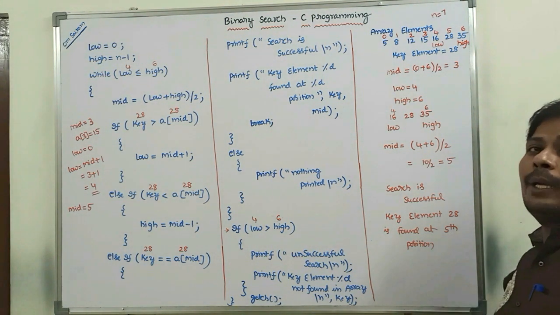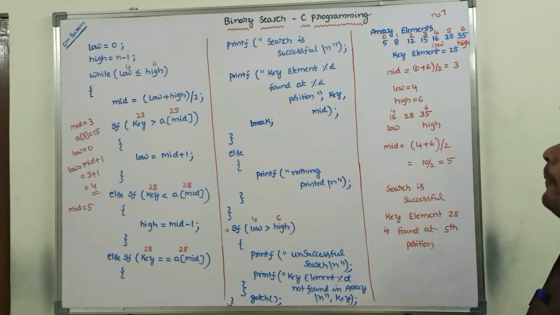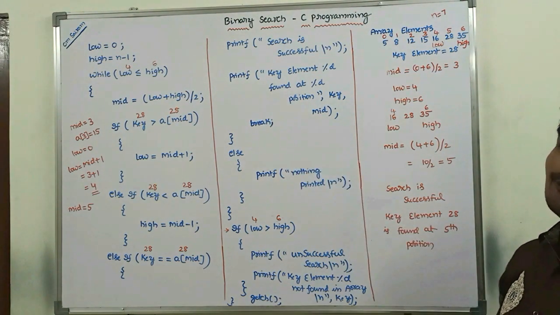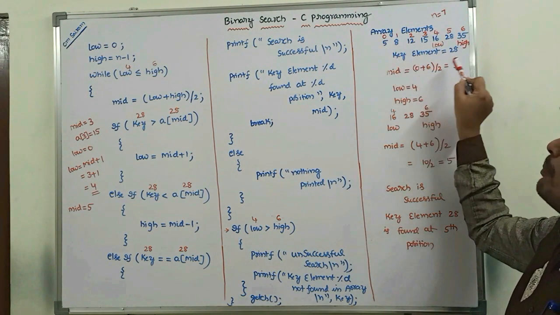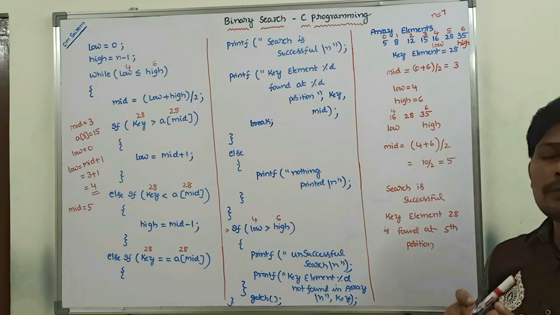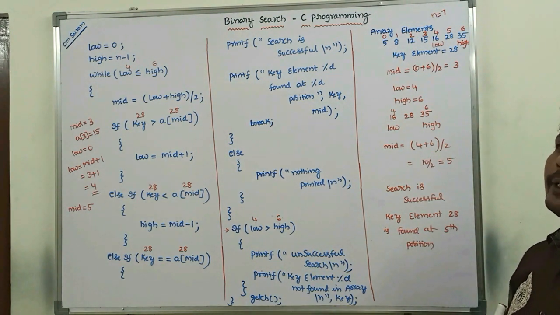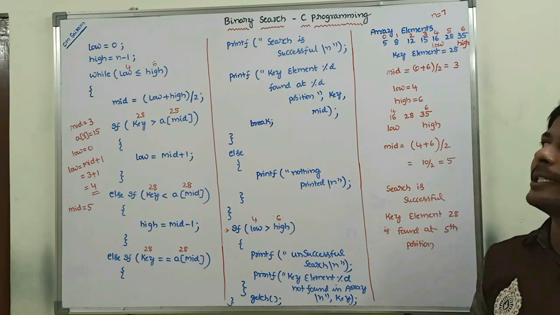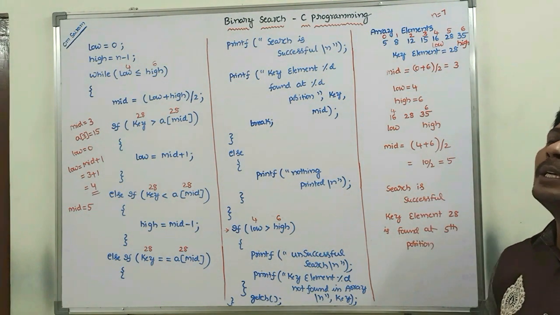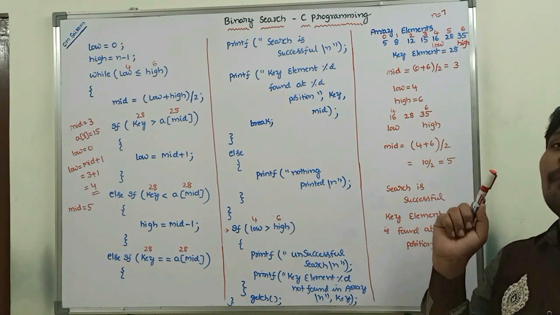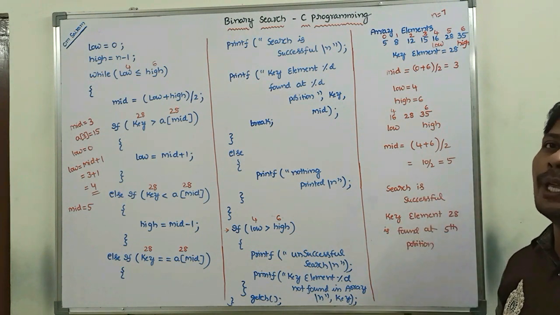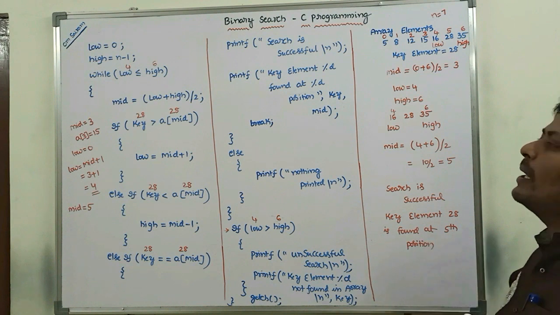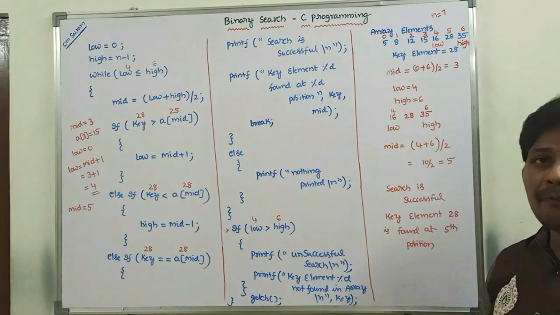Okay. Here, by using the mid value, the given array can be divided into 2 parts. The first part contains 0 to mid minus 1. The second part contains mid plus 1 to high. Now our key element is compared with the mid value.